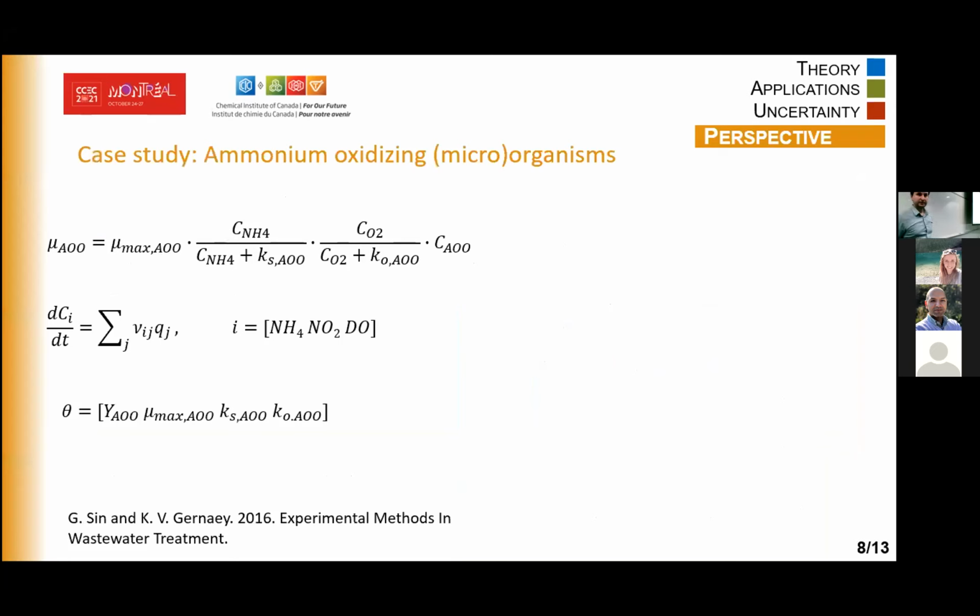Then I would like to present a couple of case studies. I will start with ammonium oxidizing microorganisms. So this is actually part of a twofold reaction. We have ammonium oxidation first and nitrite oxidation to nitrate. I'm removing that part from our equations, but we can see that the growth of our microorganism, AOO, depends on a maximum growth rate, Mumax, and then we have some affinity coefficients, Ks and Ko.